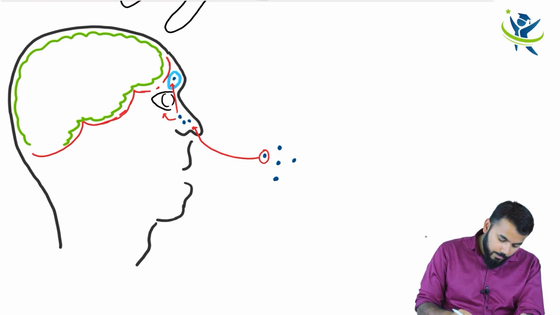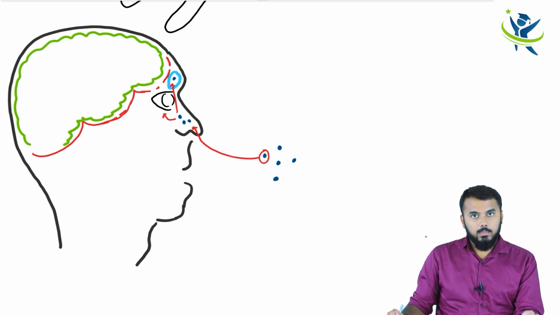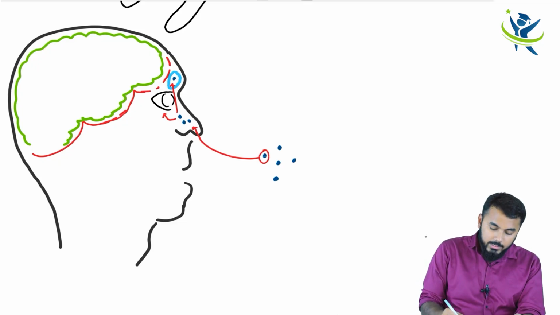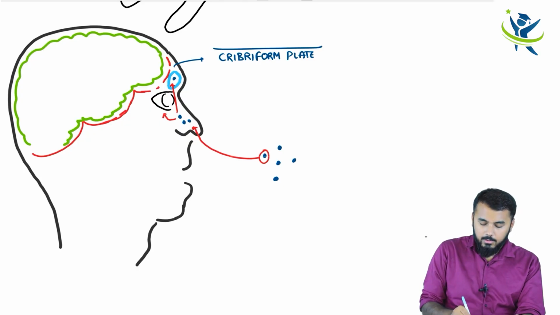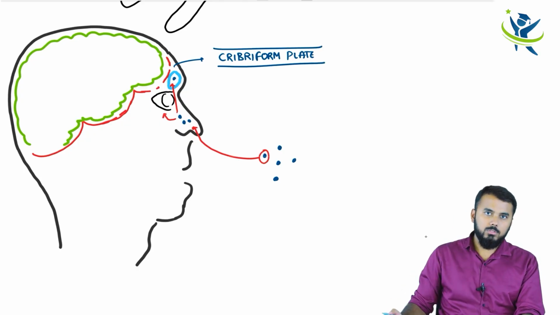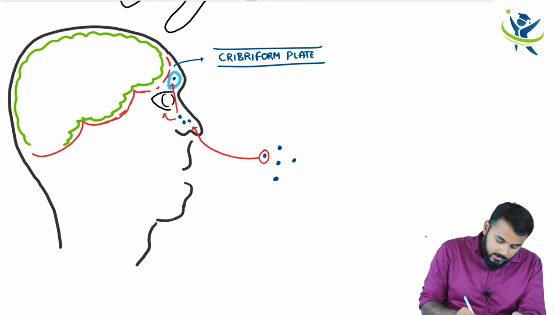These openings are called the cribriform plate. Your olfactory nerve goes through this cribriform plate. So through this cribriform plate, the spore will then enter your brain cavity.